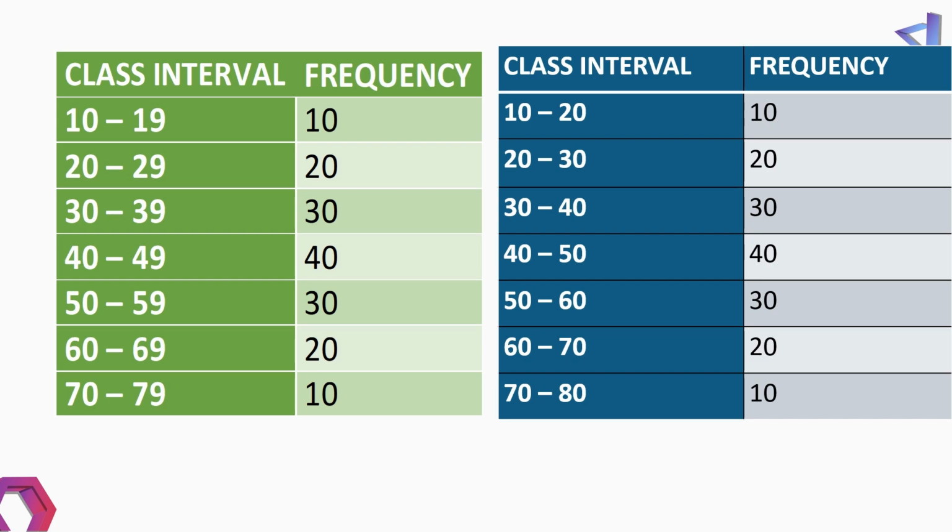Regardless of the format in which the data is presented, the fundamental concept of mean remains the same. Now let us see how these tables are formed, whether they are the same or different. Let us take an example.